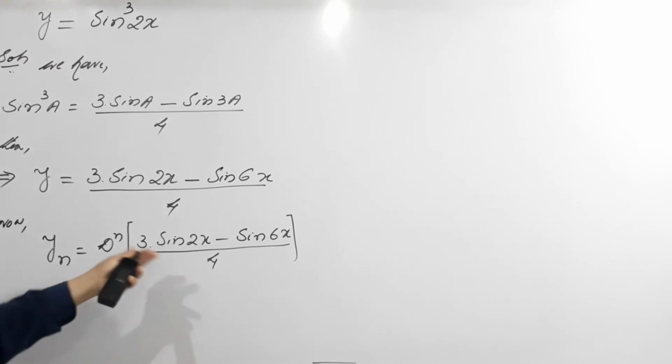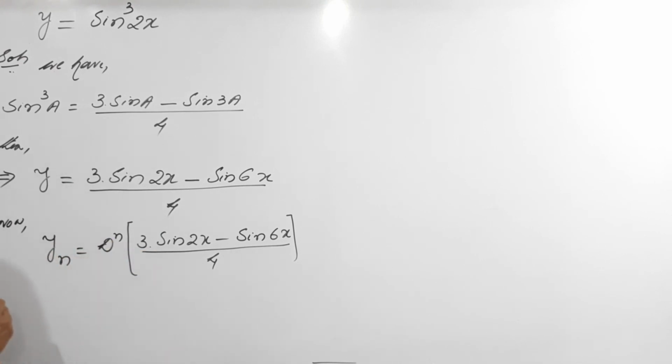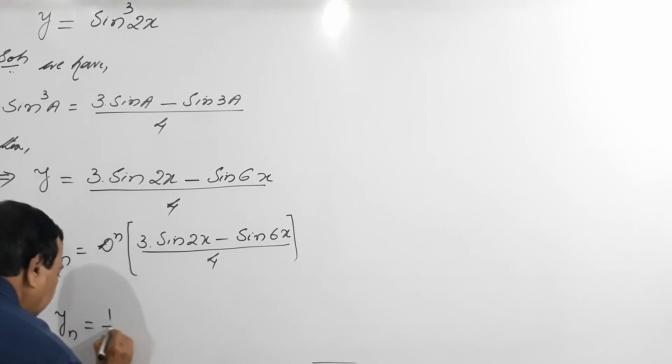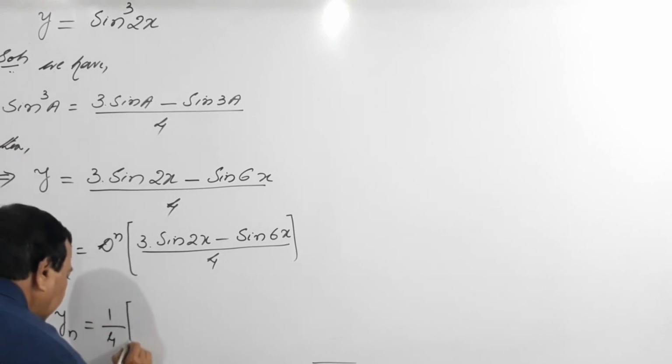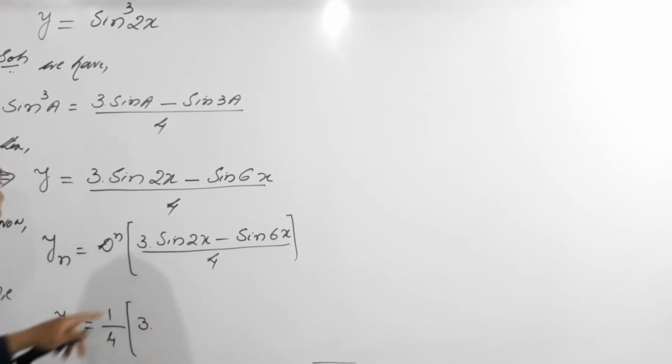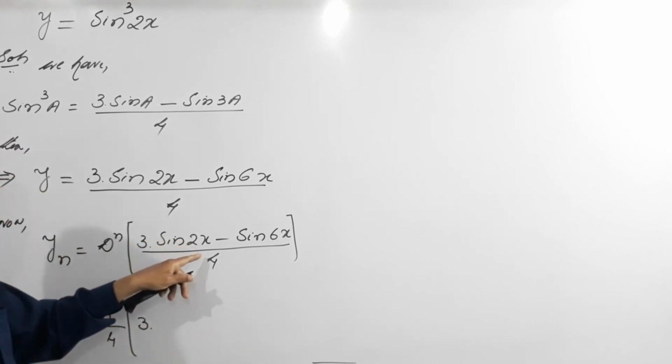What happens with this? Instead of splitting it, yn equals, I take this 1 by 4 outside, 3 as it is. Don't take 3 to the power of n, you have to take the coefficient of x.